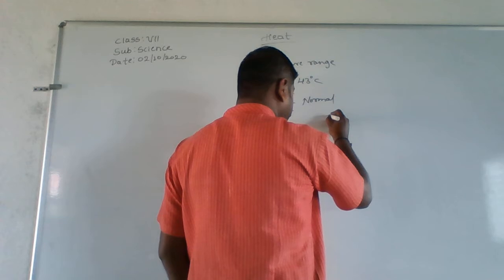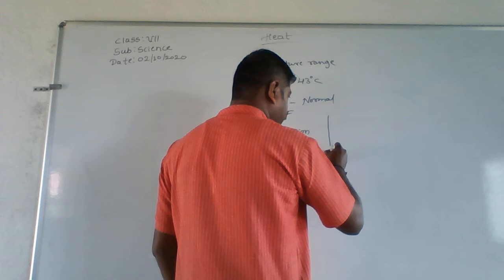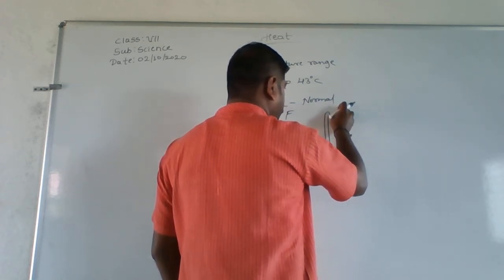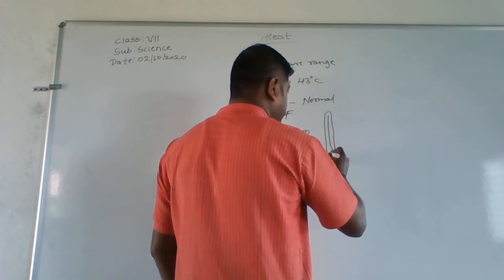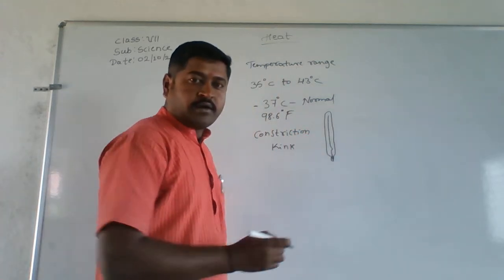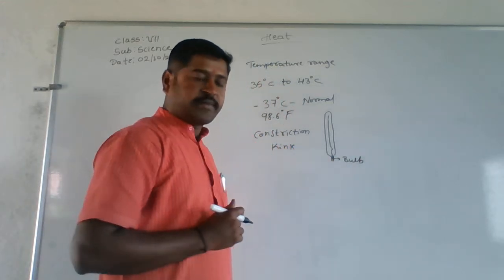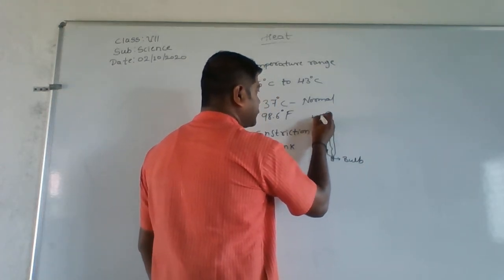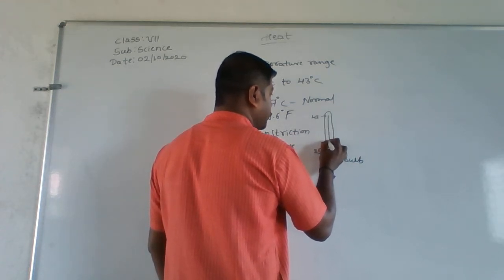For example, if this is the bulb of a clinical thermometer, you know that it goes from 35 to 43 degrees Celsius, and where there is 37 degrees Celsius, there is a small arrow mark.